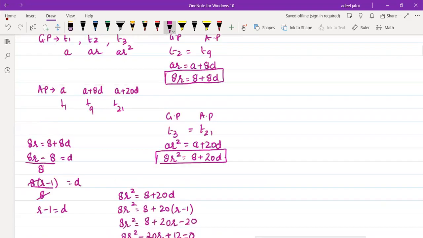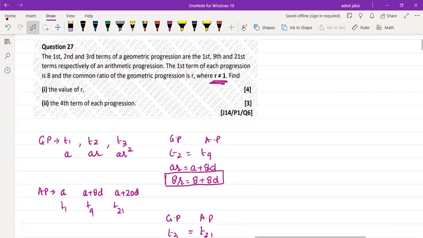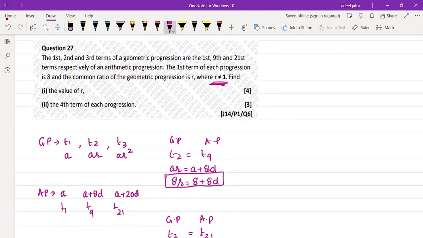Now this was part 1 of the question. The question also asks for the fourth term of each progression.